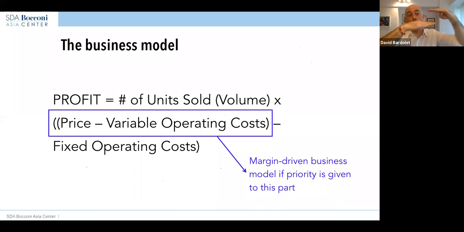But what you need to focus on is really justifying that high price and protecting that margin, regardless of the number of units, because now you need to sell fewer units, right? Since every unit is giving you more money, you can make the same profit that the volume-driven business is making by selling fewer units.